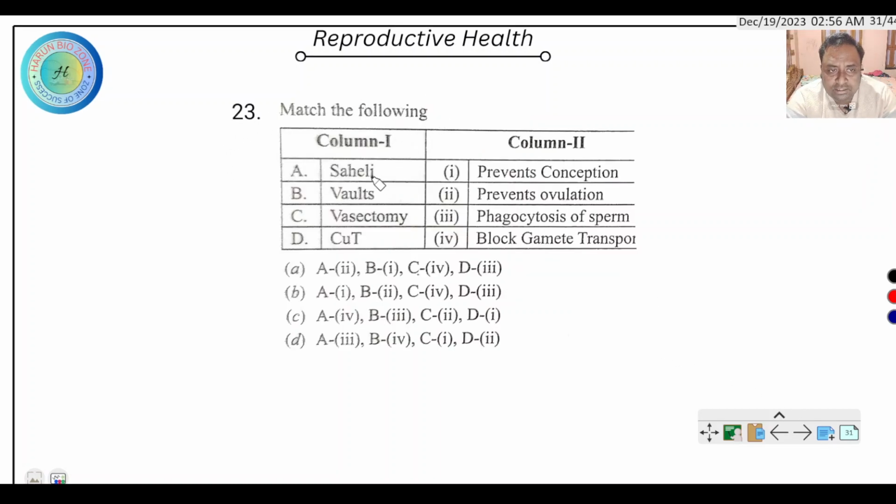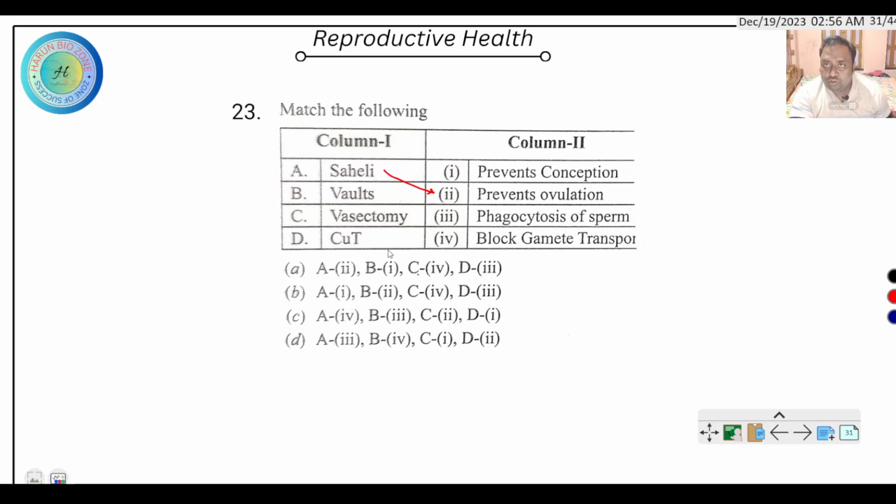Match the following: Saheli, vaults, vasectomy, and copper T. Question number 23. Saheli prevents ovulation. Saheli contains estrogen and progesterone, so it prevents ovulation and also prevents fertilization.